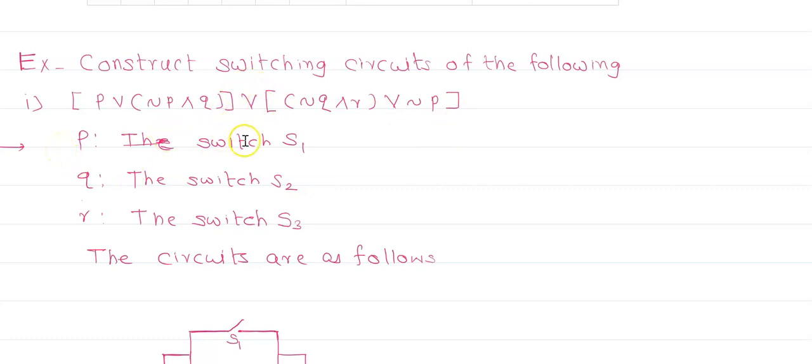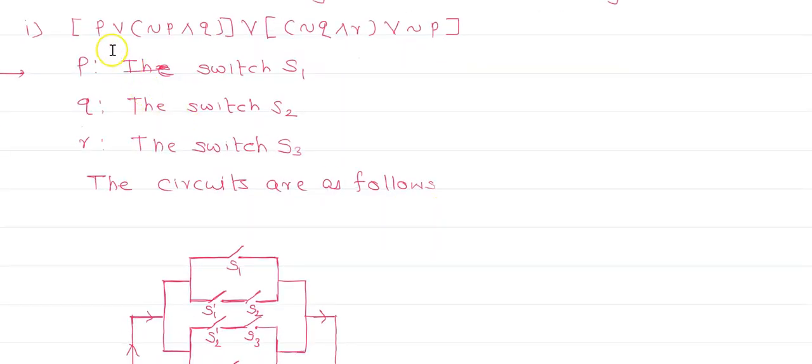Now P is the switch S1, Q is the switch S2, R is the switch S3. The first is P. P is in parallel with negation of P and Q, that is S1 dash and S2.